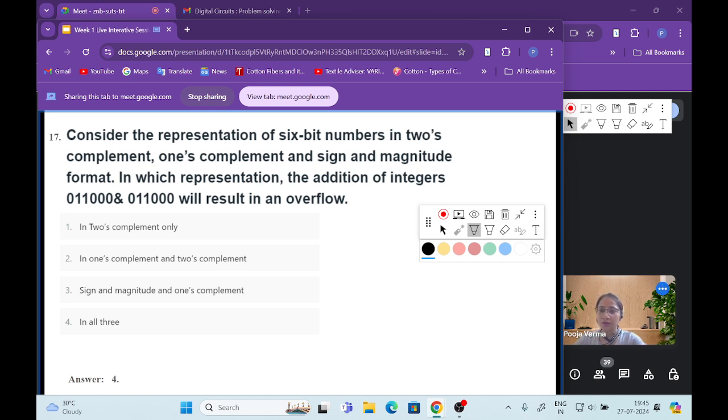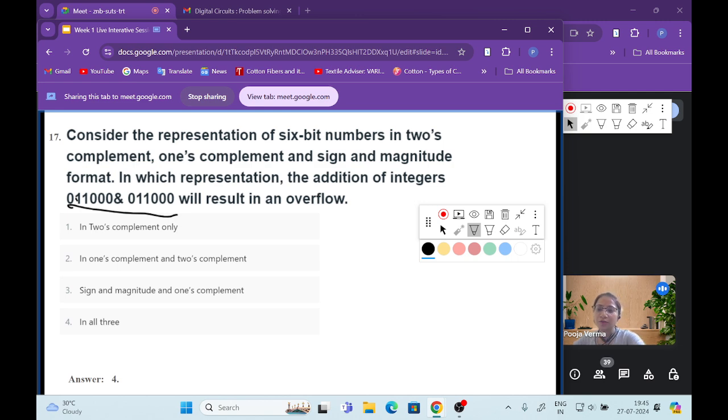Okay, so consider the representation of 6-bit numbers in 2's complement, 1's complement, and sign and magnitude format. In which representation will the addition of these two integers result in an overflow?